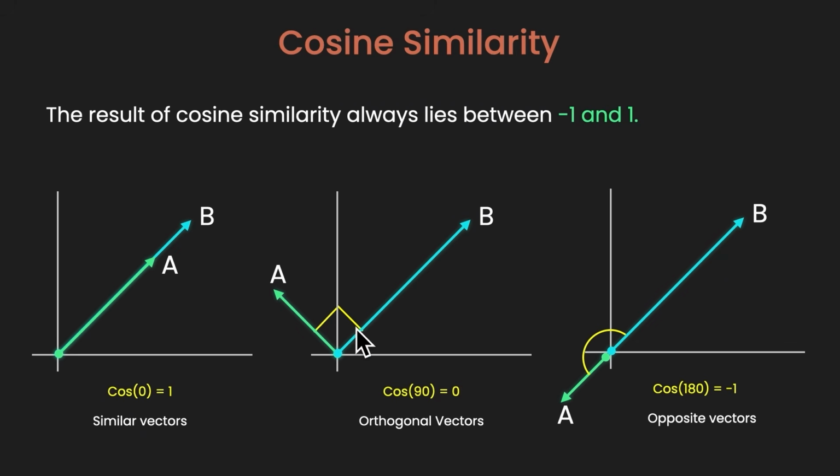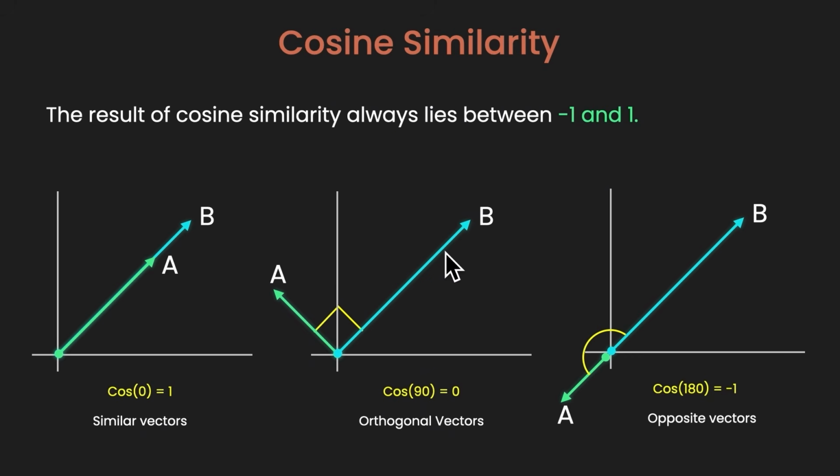Now, if this angle is 90 degrees, cosine of 90 is actually 0. So we basically get cosine similarity 0, which means these two vectors are orthogonal vectors, which means these two vectors are not related.